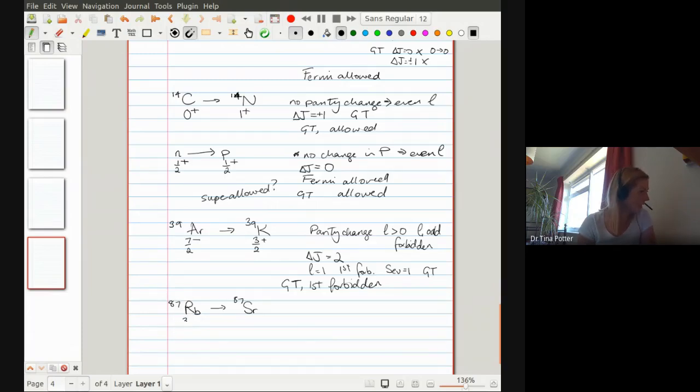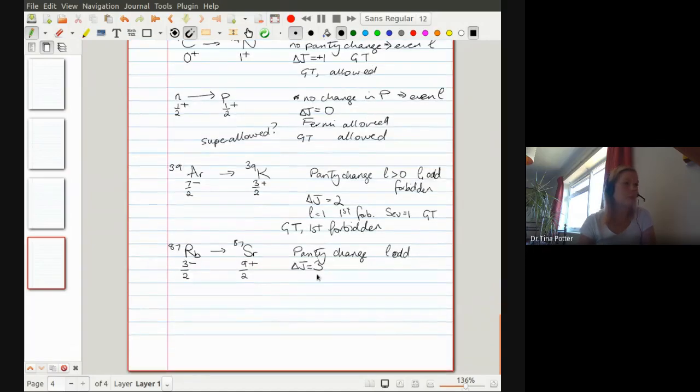And this is a spin 3/2 negative parity state going to a spin 9/2 positive parity state. So we've got a change in parity. We know that L is odd, and we're going to be looking at some forbidden decay. We've got a large change in J here. We've got a delta J of 3 this time. So let's have a look at the types of forbidden that we can have.